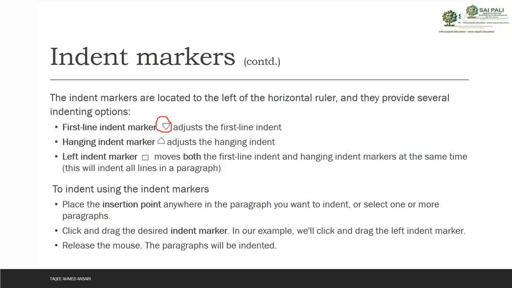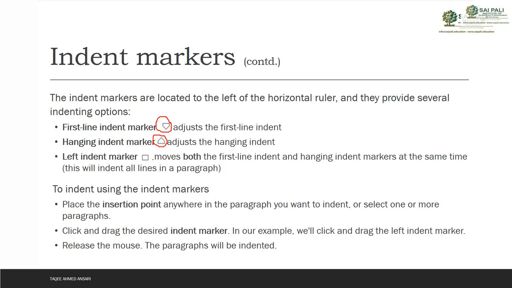Then the second is called the hanging indent marker. It controls the hanging line. Hanging indent means the first line will not move, but the rest of the lines of the paragraph will move.